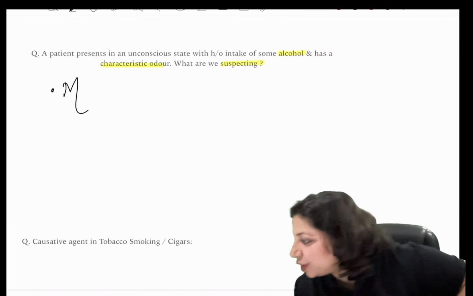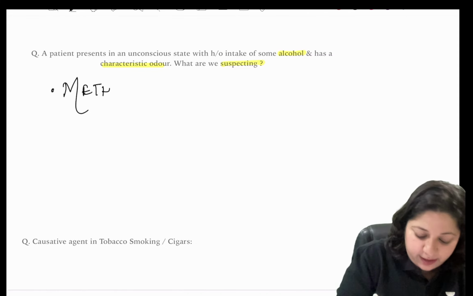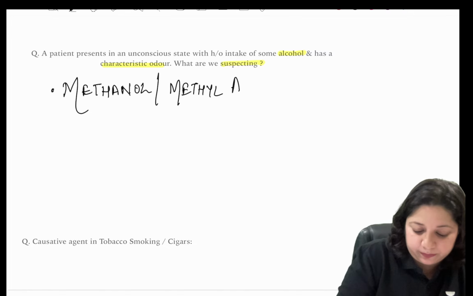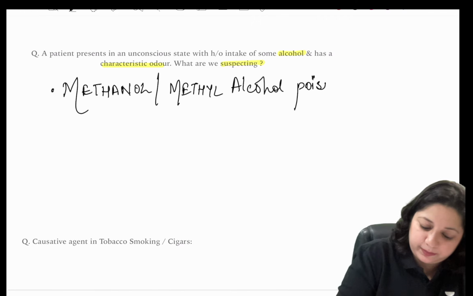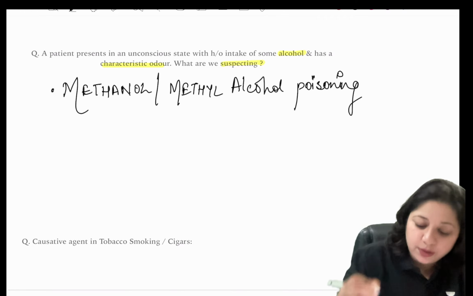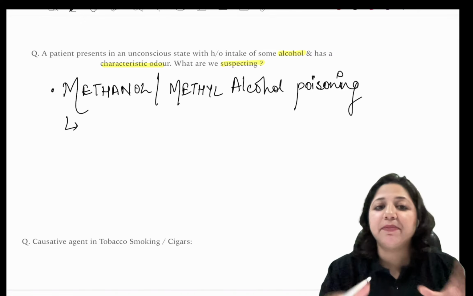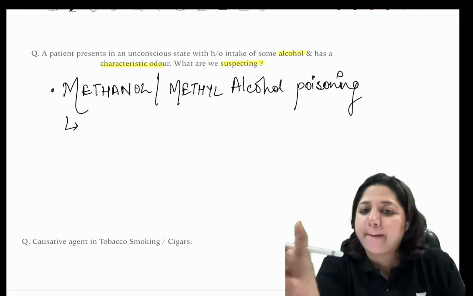Methanol poisoning. Absolutely, Adnan Ali Ansari. Very good. What are we suspecting? We are suspecting methanol or methyl alcohol poisoning. Now tell me, all the effects that you get in methyl alcohol poisoning are because of which compound?